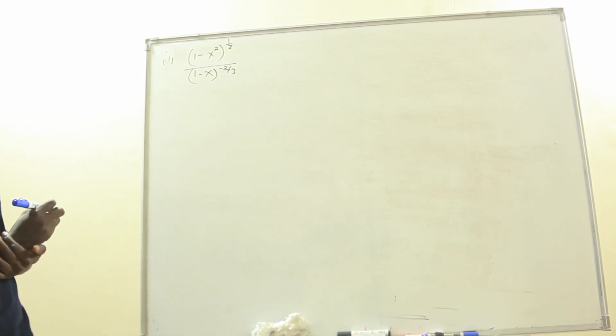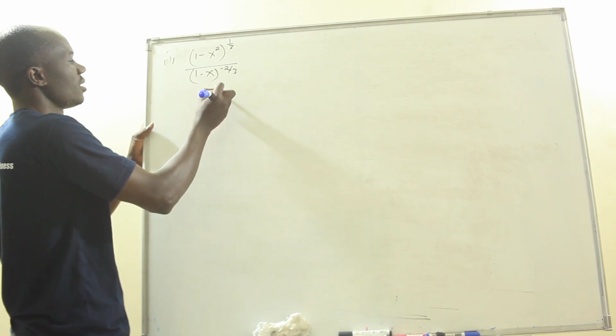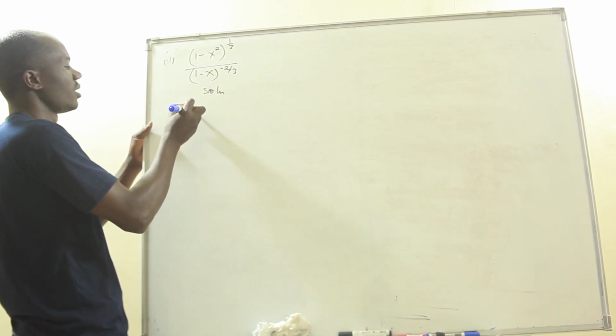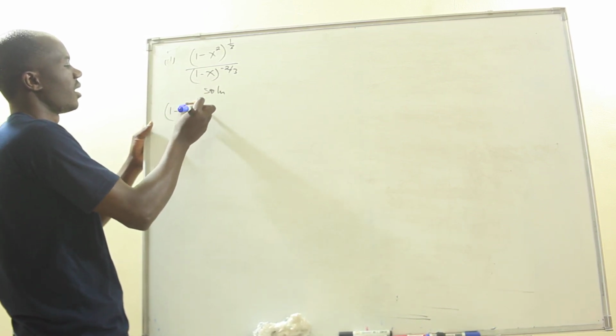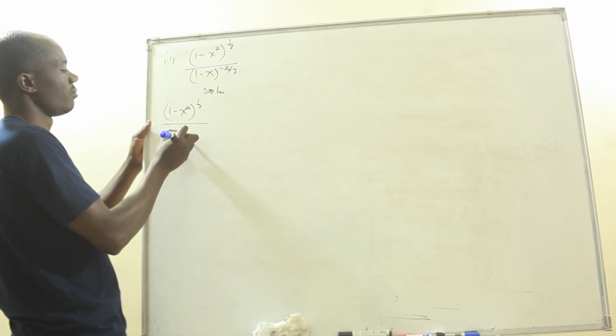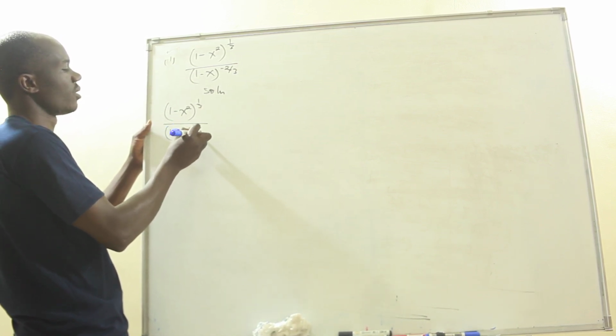So what we're going to do is this. We're looking at the solution. They are saying 1 minus x squared power a third, all over 1 minus x power negative 2 out of 3.